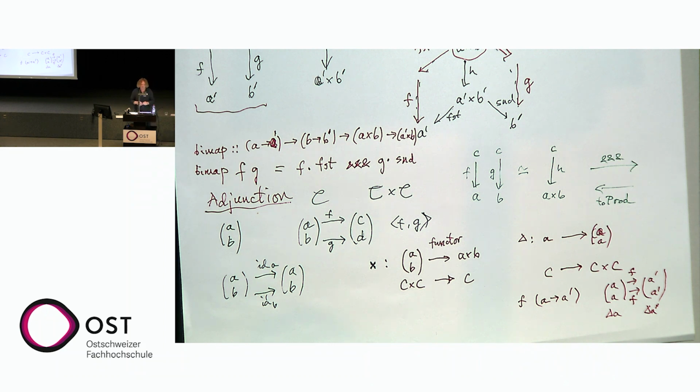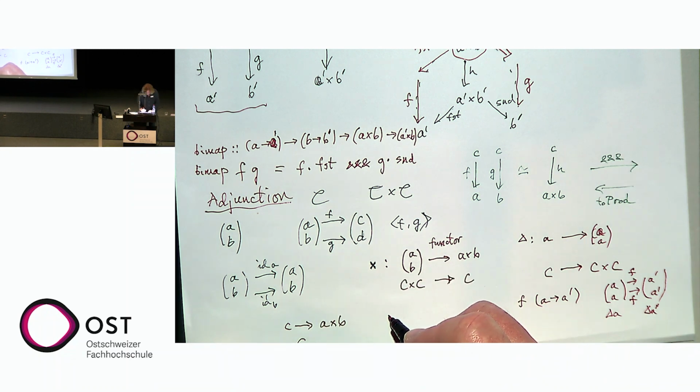And the fact that they are adjoined to each other means that we can go from, let's say, what was our mapping? If we go from C to A cross B, so that's in category C, right?